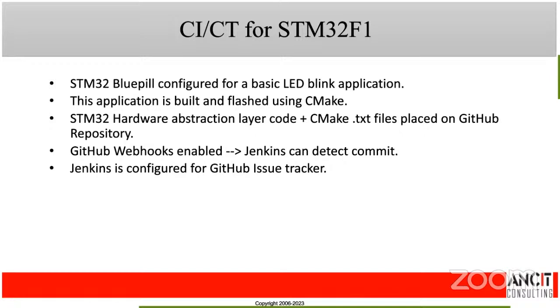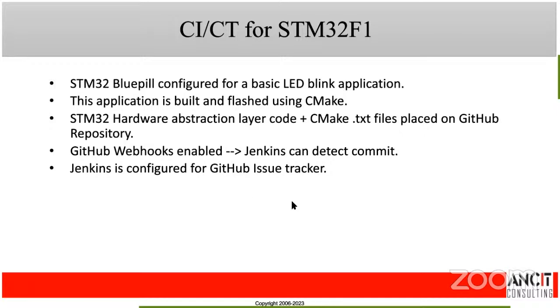And then you have the CMakeLists.txt files plus the STM32 hardware abstraction layer together in a project, which is placed on a GitHub repository. And as I discussed, GitHub webhooks are enabled for Jenkins, and Jenkins is configured for the GitHub issue tracker as well.